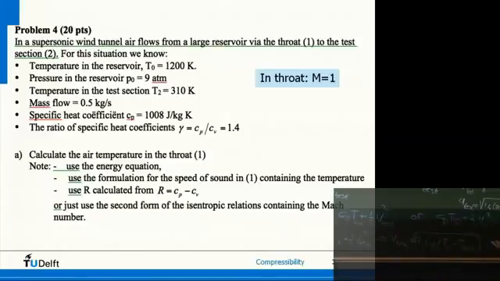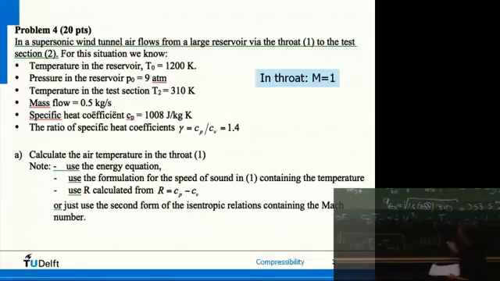So that is equal to 2 times CP is 1008, T0 is given there, it's 1200 Kelvin, and T test is given 310. Square root. And then we find 1,339.5 meters per second.